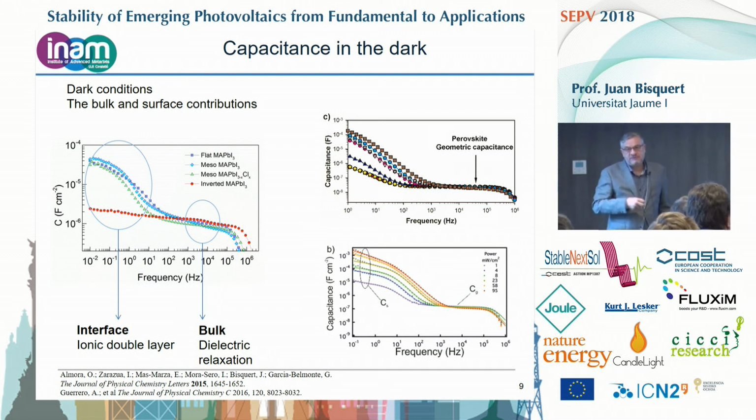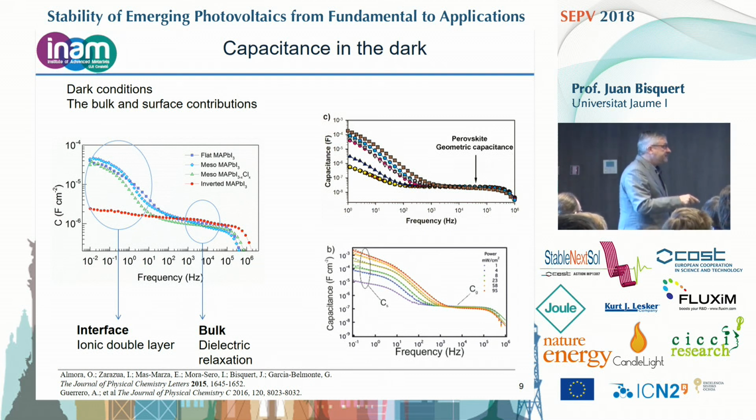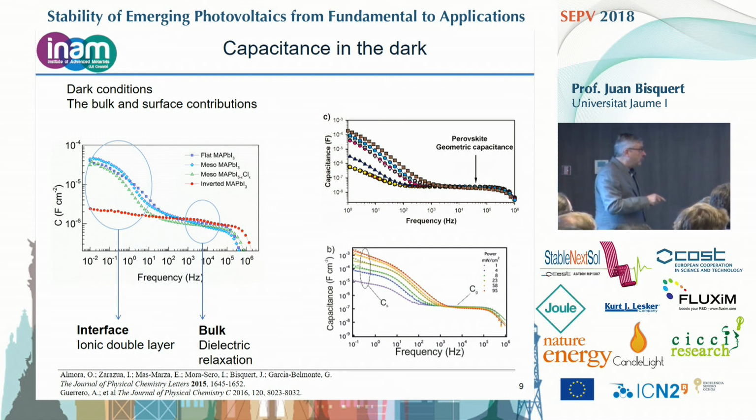This is the electric polarization of the perovskite, okay? And now later on, we have a very stable observation of the dielectric polarization, and this is changing according to conditions. For example, if you put organic contacts, this goes down dramatically.